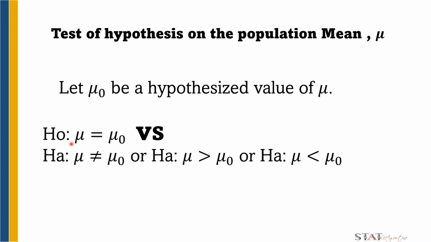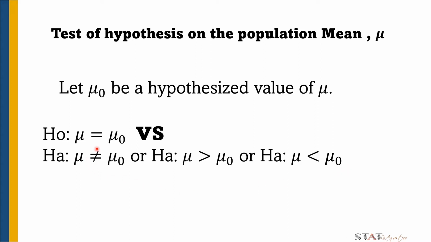So your hypothesis is that your population mean is equal to your hypothesized value versus your alternative hypothesis: your population mean mu is not equal to mu sub 0, or mu greater than your hypothesized value, or mu less than your hypothesized value.